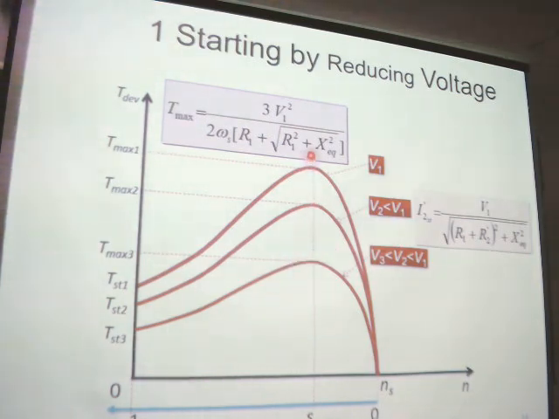But we see the three curves. At the same slip, the three curves reach the maximum torque, but the value of the maximum torque is different.